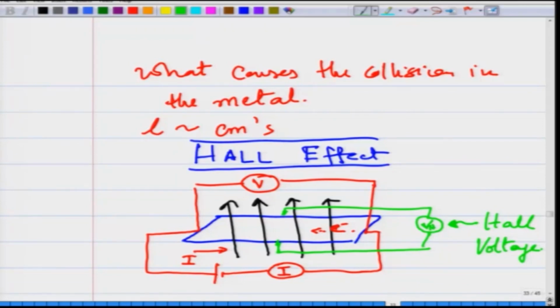and this is generated only when there is a magnetic field B applied to the sample. The Hall voltage is a function of the magnetic field.